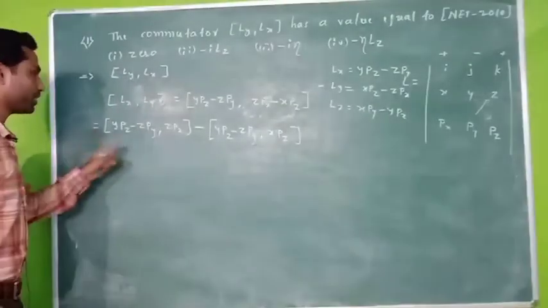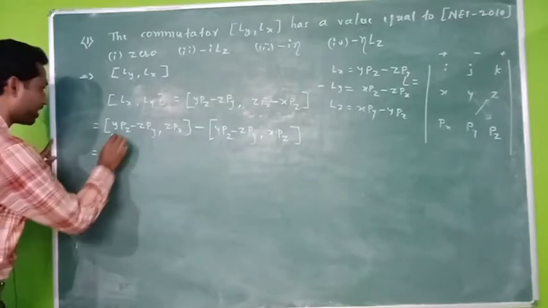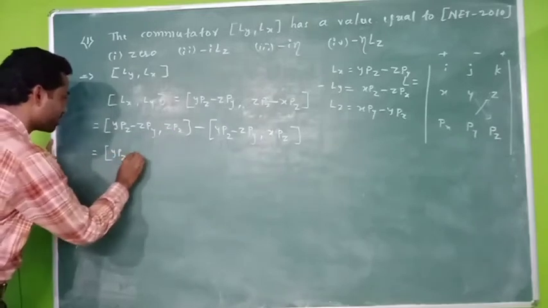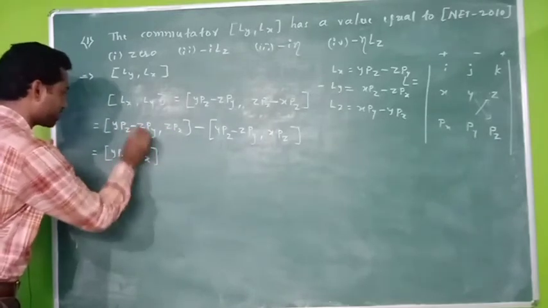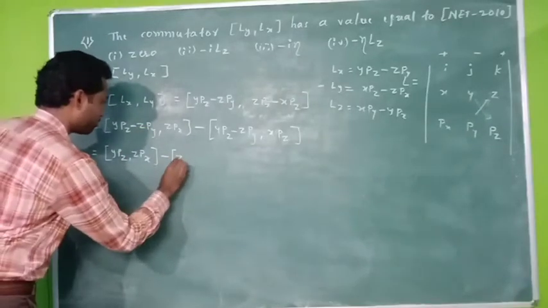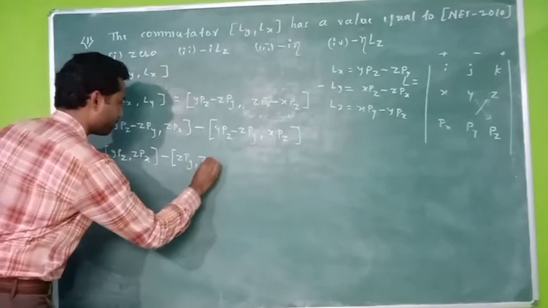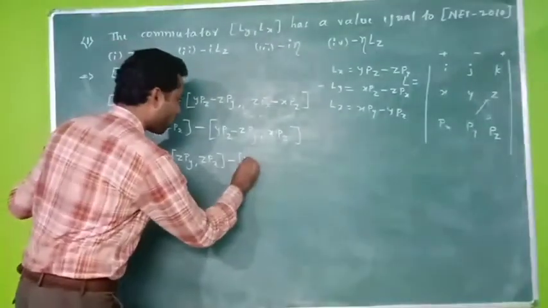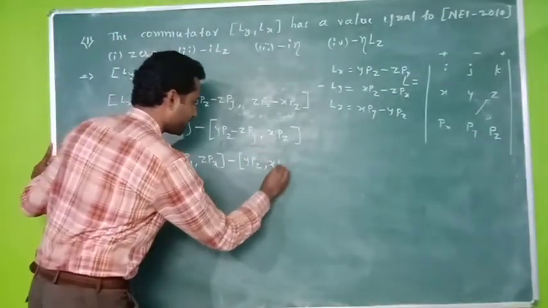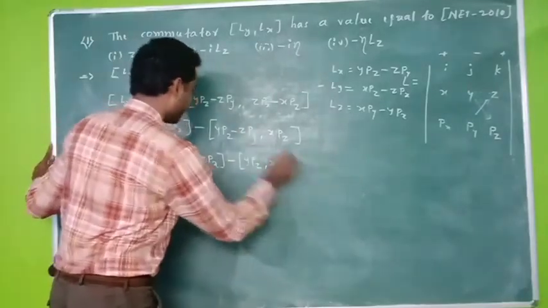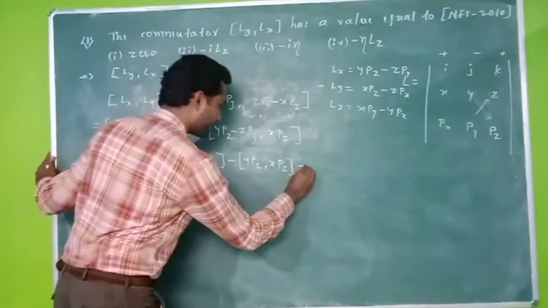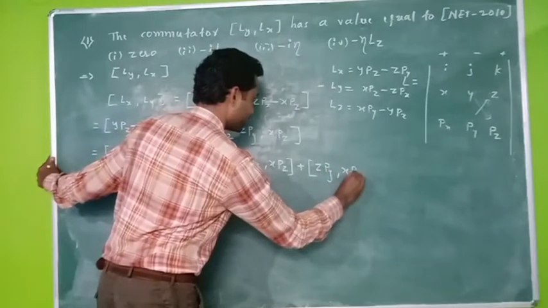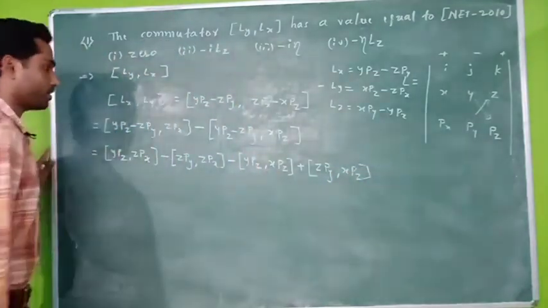Again by making use of the linearity property of commutators, I can write this as the commutator of ypz with zpx, minus the commutator of zpy with zpx, minus the commutator of ypz with xpz, and since there is already one minus, plus the commutator of zpy with xpz.